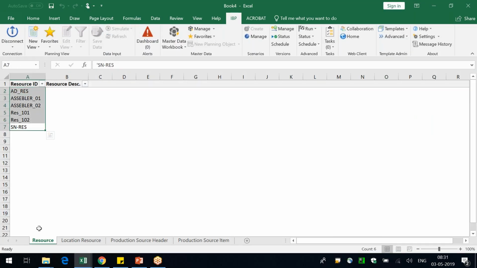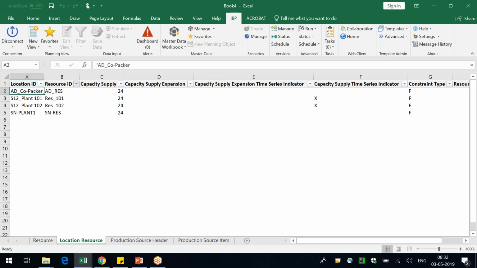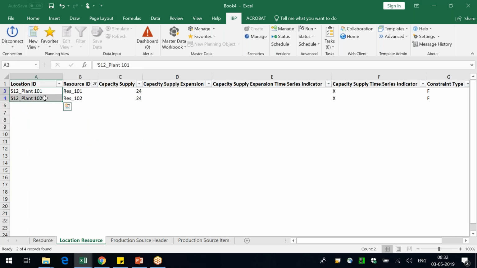This is where we maintain all the resources. You see here RES 101, RES 102. We first maintain the resource IDs and the description, and then we extend the resources to the locations. Here, location plant 101, plant 102, resources 101, 102, capacity supply is 24.